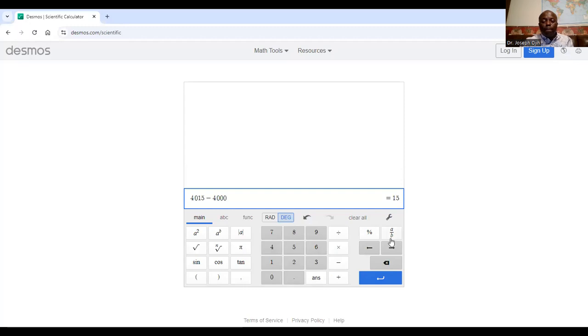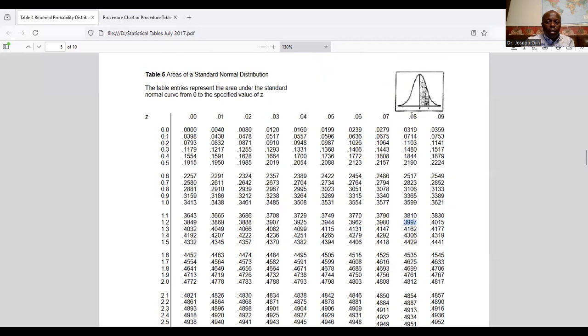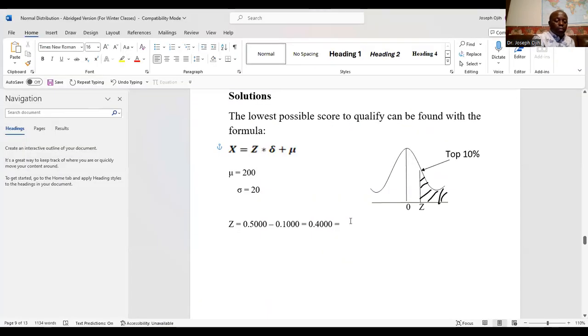This one is far away, the other one is closer, because it's only 3 points away. So 0.3997 is closer. You follow it to the left, which is 1.2, and up 8. So you got 1.28. Z is 1.28.